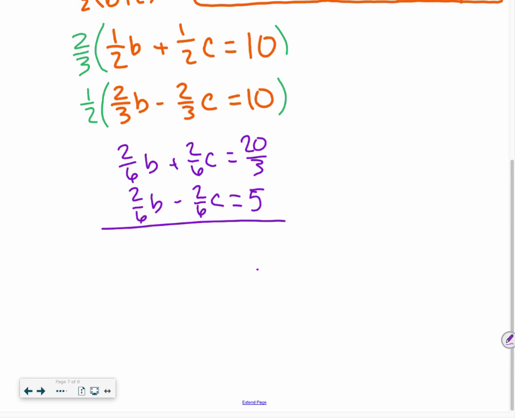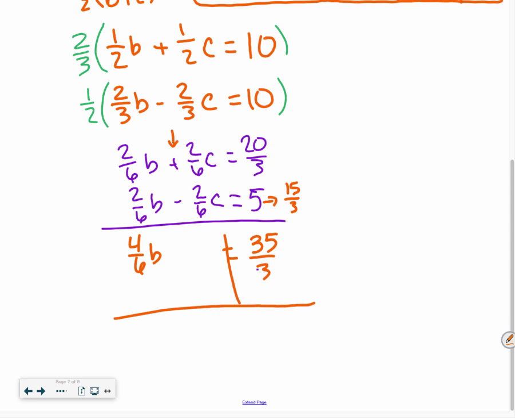I can add them together because right here I have 2/6, a positive, and in the second equation, a negative 2/6. So I can add my b's and I get 4/6 b equals, okay, and I have 20/3 plus 5, which if you think about it, 5 is 15/3. So that is 35/3 equals 4/6 b.